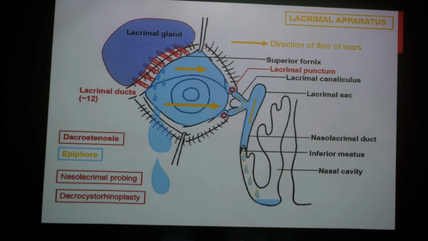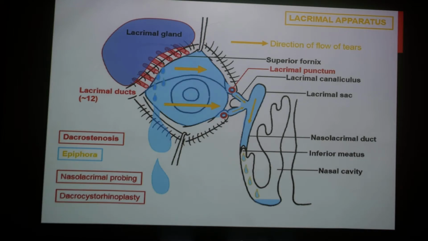You can have excessive crying and that could also lead to tears coming over your cheek, but that is not epiphora. Your duct system is fine, but the problem is that you're producing excessive tears. Here you are not producing excessive tears, but they are still going over the top of your lids because of the obstruction, and that is called epiphora.